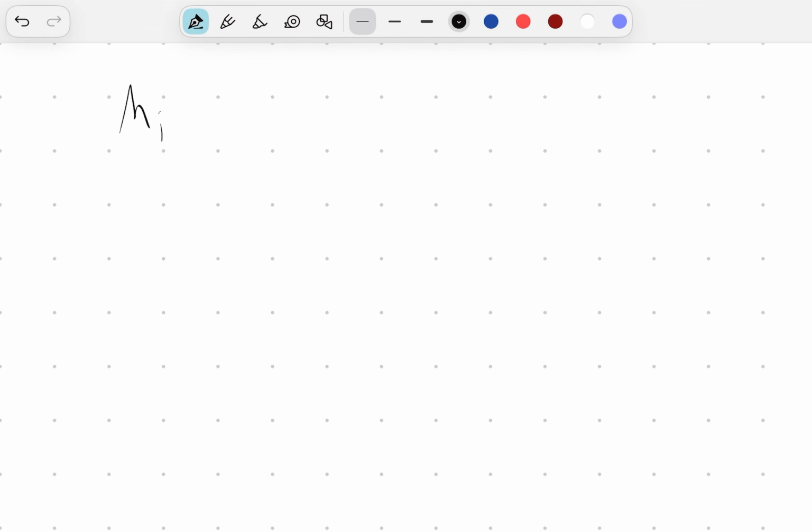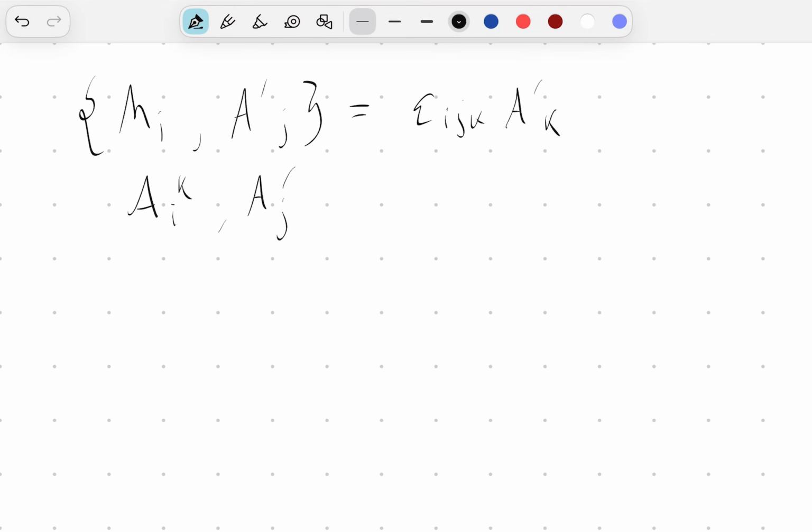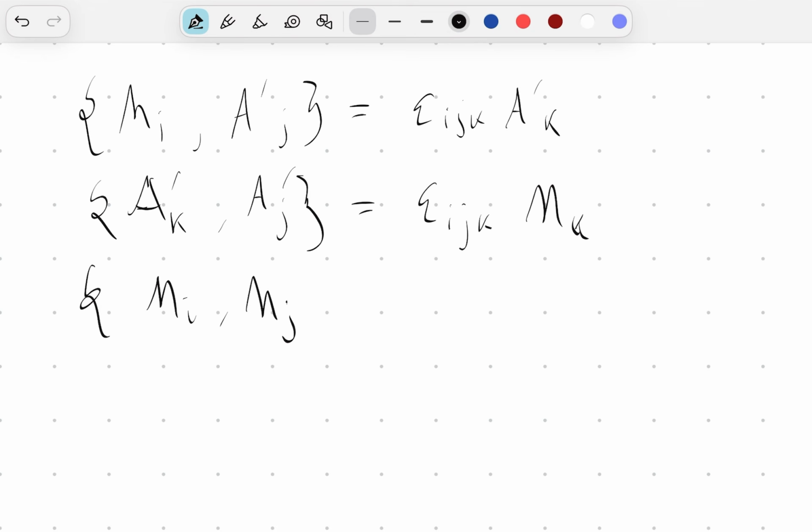We have M_i, the rescaled version of our Runge-Lenz vector, A' sub k. This gives us the kth component of M. And then M_i and M_j.